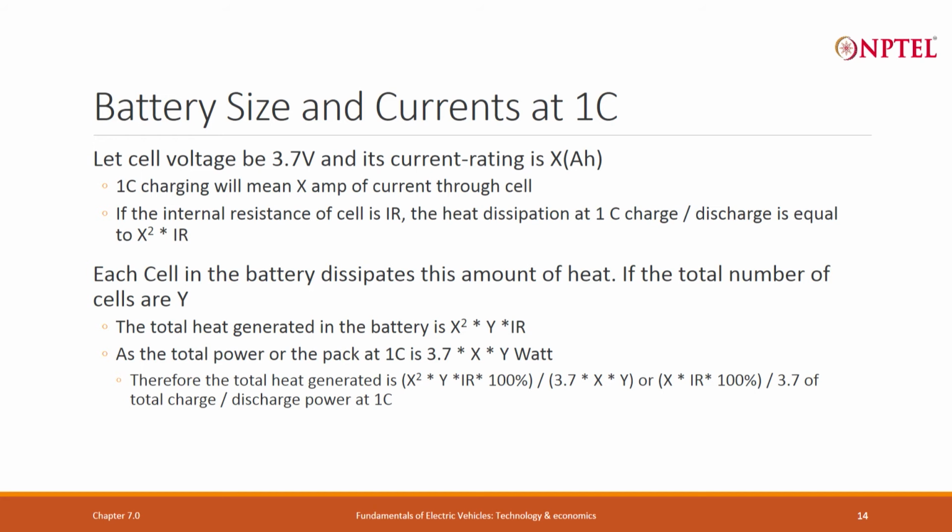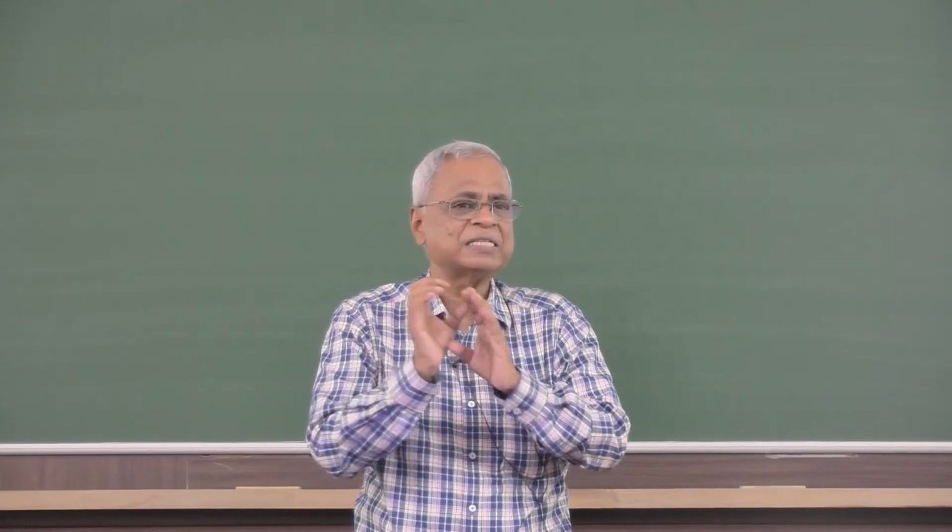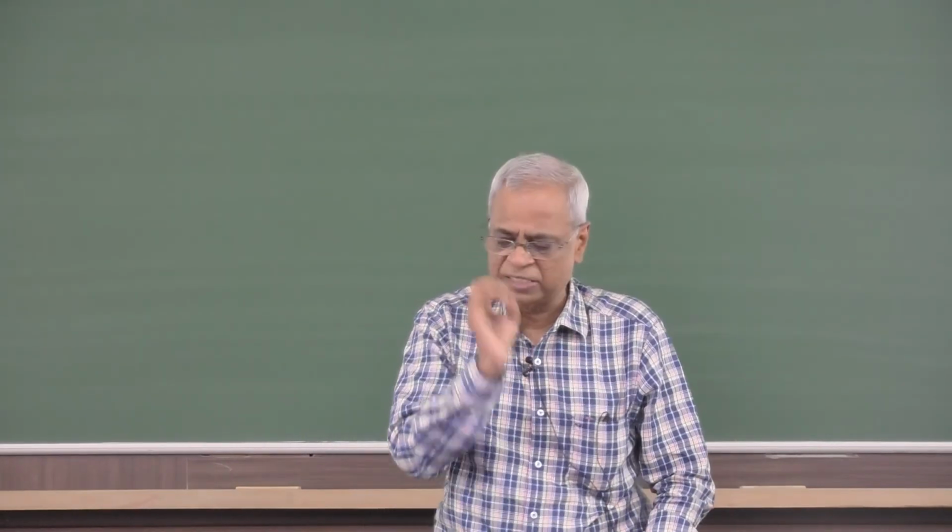When a current flows, I squared R, that is I square into the internal resistance, will be the heat generated. IR will be the voltage drop through the internal resistance. Only the remaining voltage is going to go into the cell, or when the cell is giving out power, the internal resistance will come into the picture and it will dissipate heat.